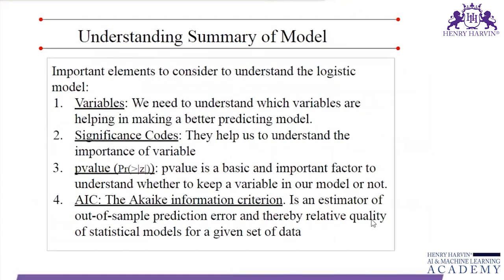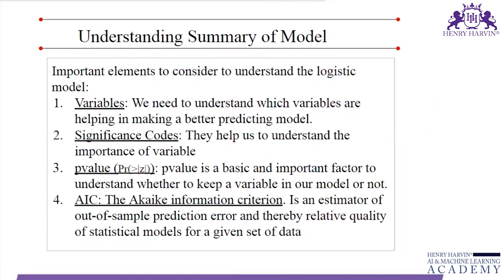When we build a model, there are different elements that we should understand in order to create a good model. First are the variables that are required. We need to understand which variables are helping our model predict better values. We should not use a large number of variables, because it will make our model complex. A model will be better if we use fewer but significant variables. Next are significance codes.